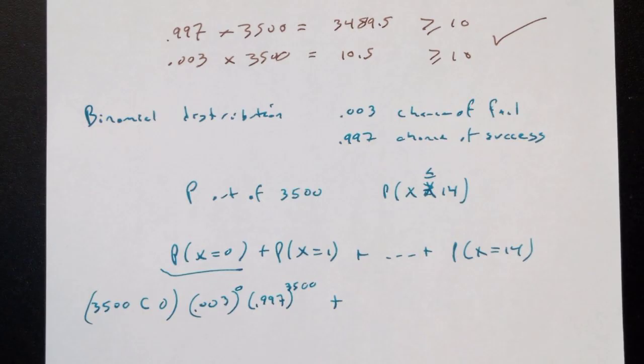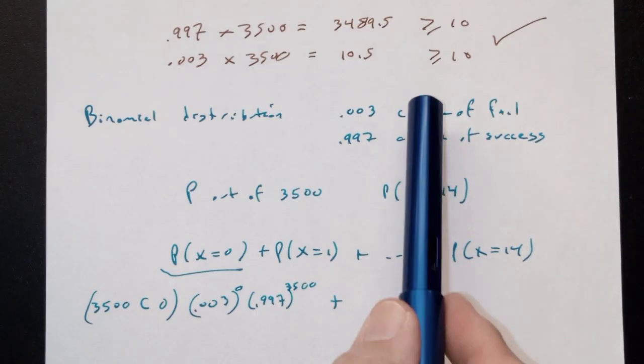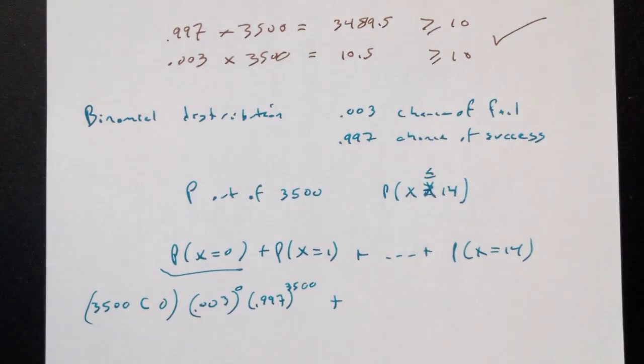This is a binomial approximation to our distribution. And whether it's a t distribution or a z distribution, I can use this if I don't know whether or not it's normal. I can think of my proportion as my chance of failure and success.